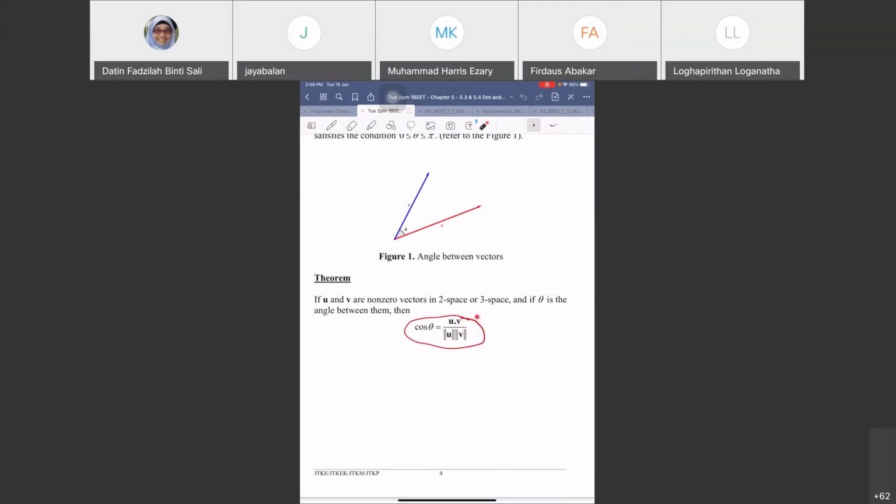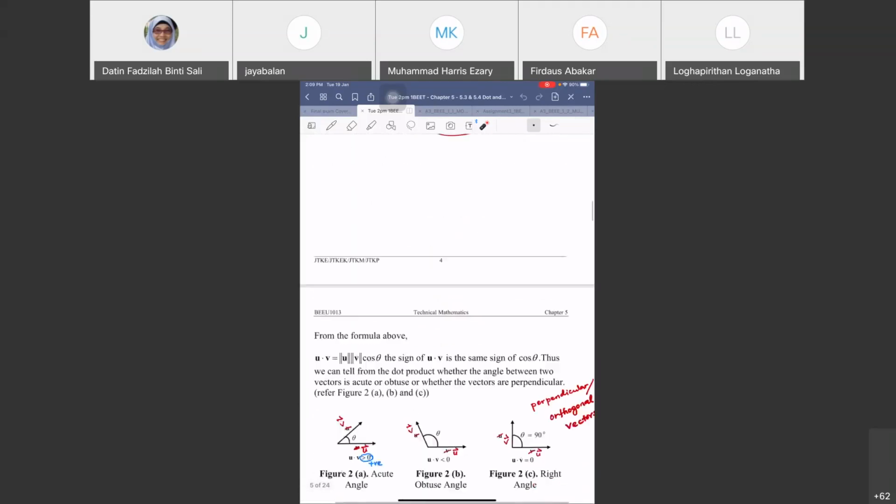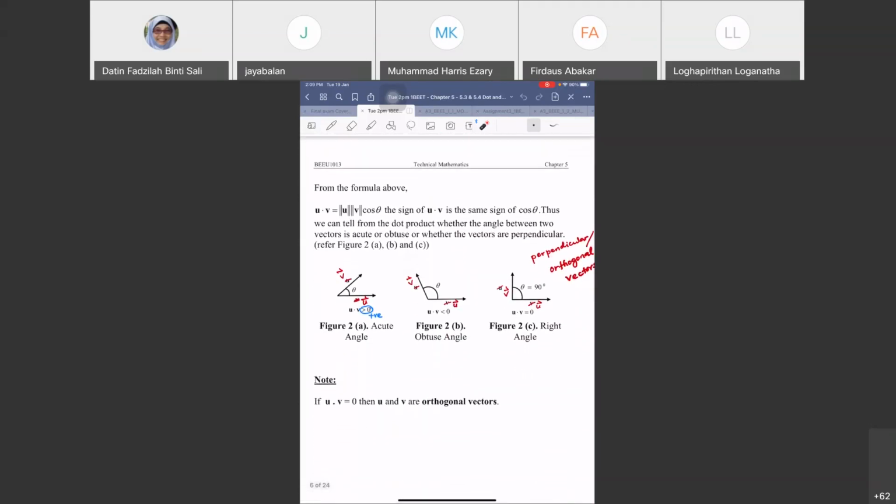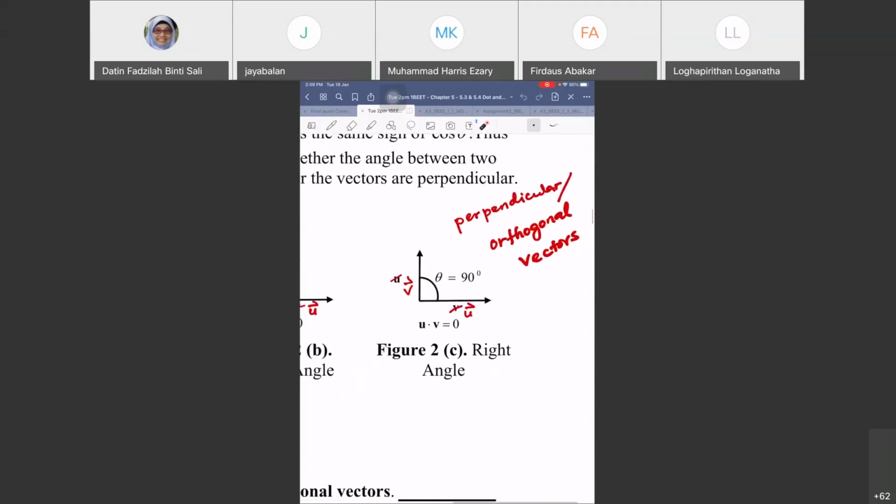So if a question asks you to find the angle between two vectors, this is one way you can do it using the dot product. That is one important concept when it comes to the angle between two vectors.